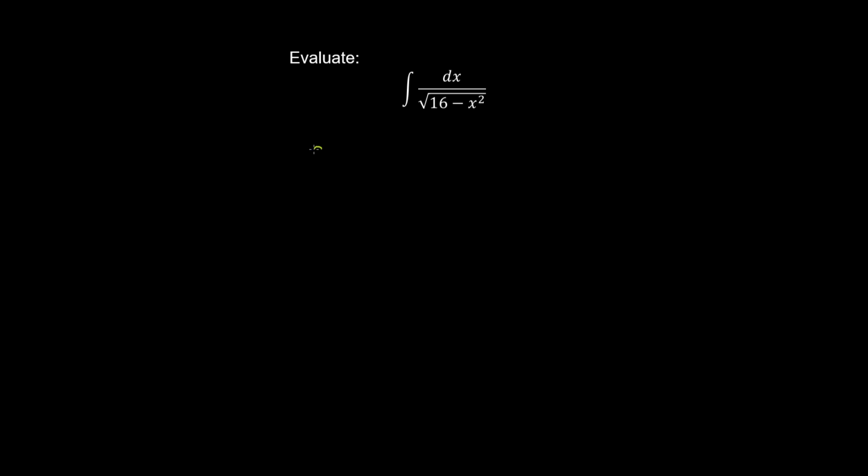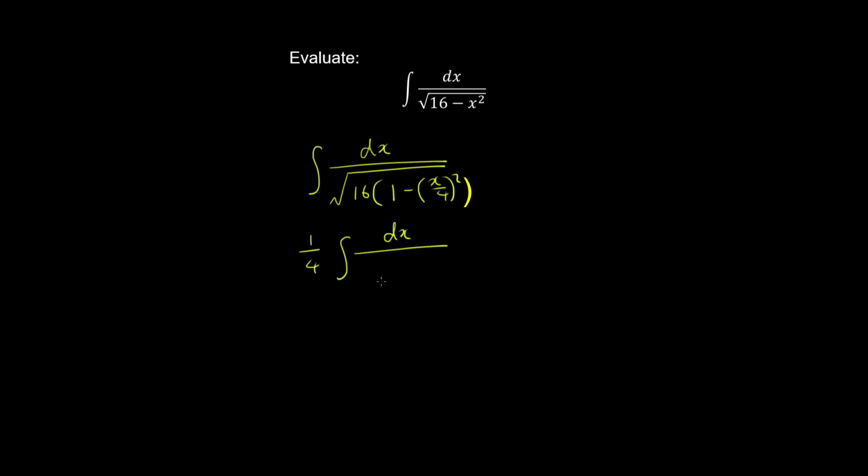Let's evaluate this integral. So we can write this as the integral with respect to x, and in a denominator we can factor out 16, so we have 1 minus x on 4 squared. And therefore we have 1/4 by the integral with respect to x on the square root of 1 minus x on 4 squared.